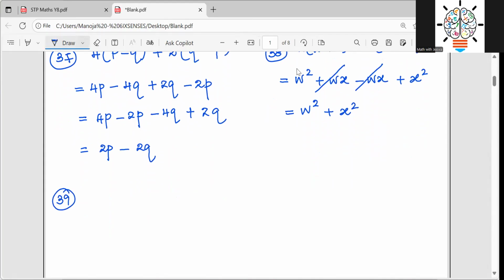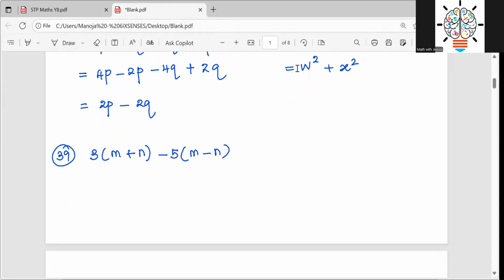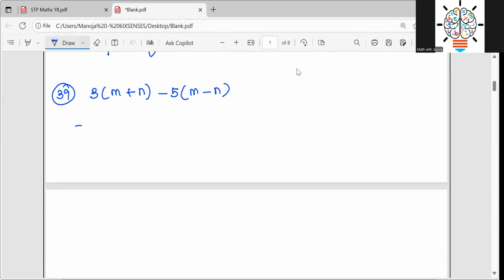39. You have 3m plus n minus 5m minus n. Right? So then we have 3m plus 3n, 5m plus 5n, 3m minus 5m plus 3n plus 5n.